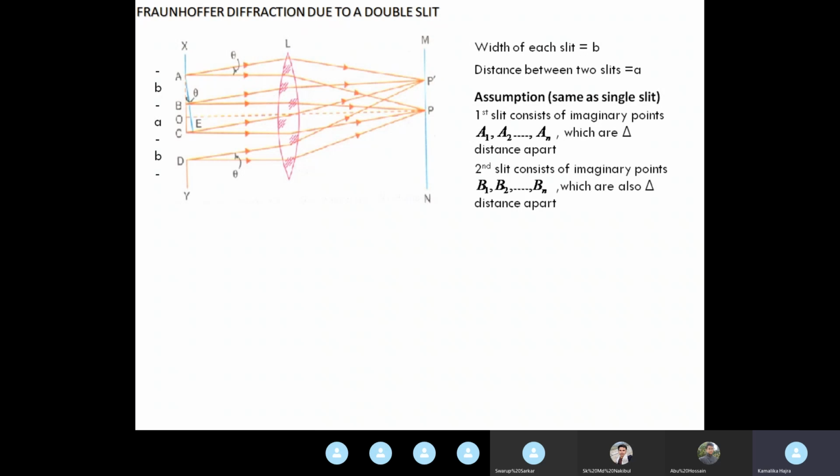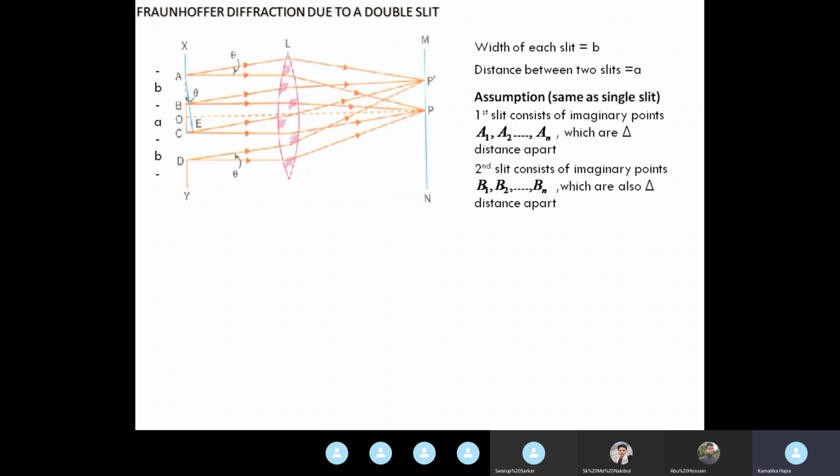Again, the second slit also consists of imaginary points, and just to differentiate from the first slit, we say that these imaginary points are positioned at B1, B2, etc. up to Bn, but the distance between these two imaginary points is also delta.